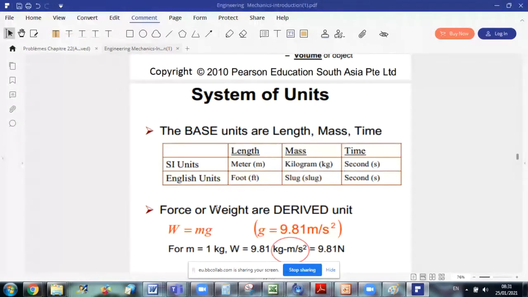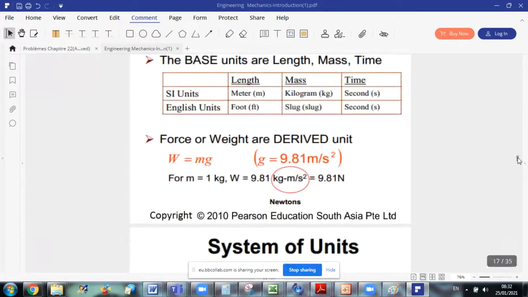The value of g will not be the same for both, because in SI units, g is in meter per second square, while in English units, g will be in feet per second square. So you should know the value of g in both systems. In SI, it's 9.81, and I repeat, this is for small elevations of the particle, while in the English system, g is 32.2.